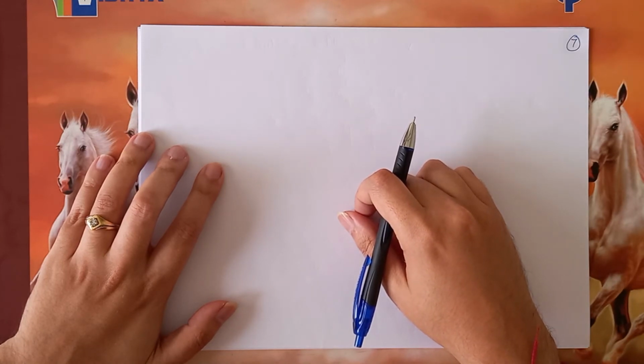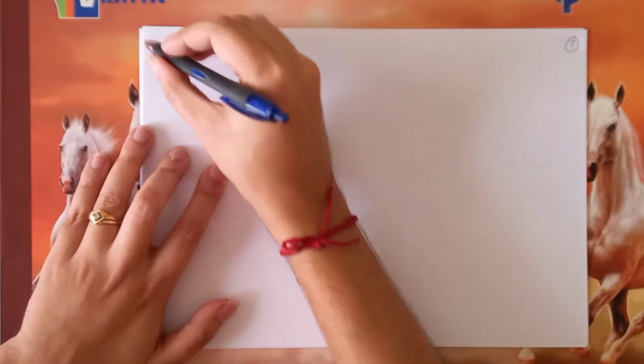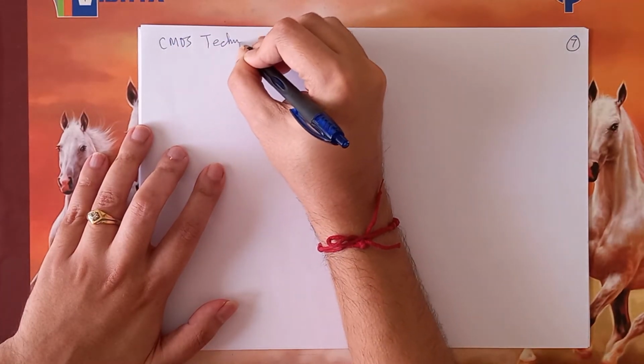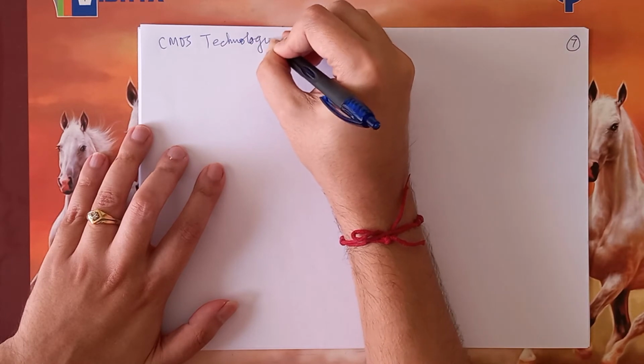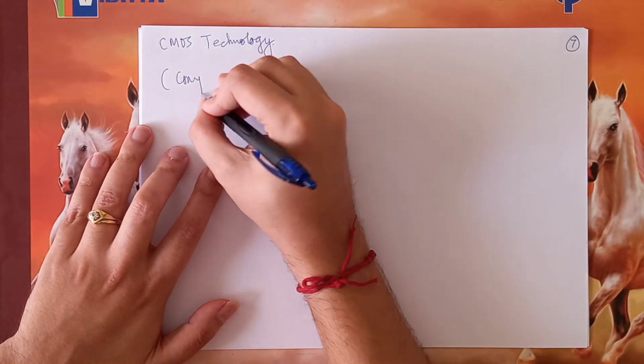First and foremost, what is the name of this technology? This technology which we saw is called CMOS technology, also called Complementary MOSFET.